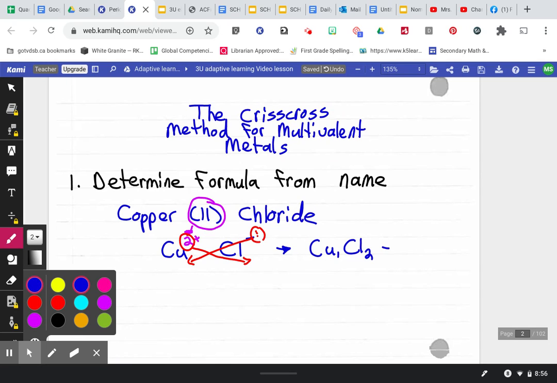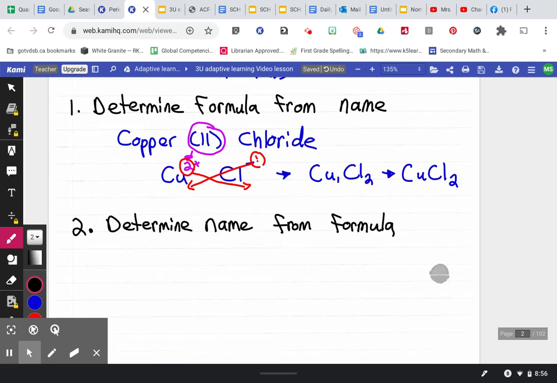But we know that we don't write ones in formulas, so this becomes CuCl2. Before we move on, just remember that the rules for the crisscross still apply. You still have to put this in lowest terms. If it is a compound, that formula can be put into lowest terms.